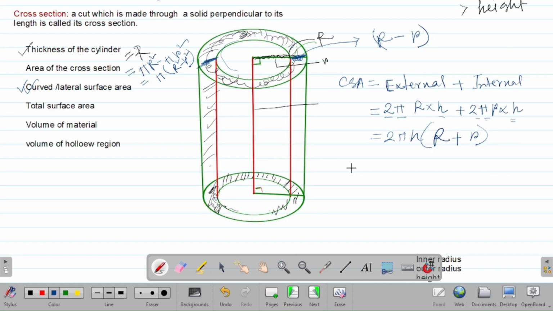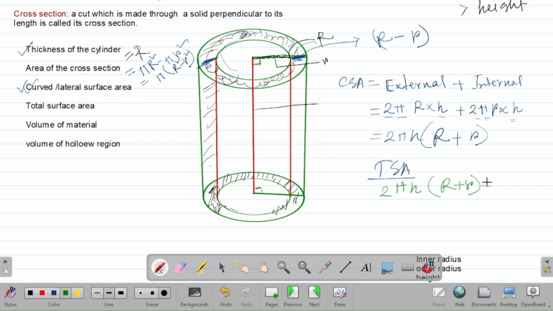Now let's find the total surface area of a right circular hollow cylinder. The total surface area would be the curved surface area that was already denoted above, 2 pi h multiplied by capital R plus small r.